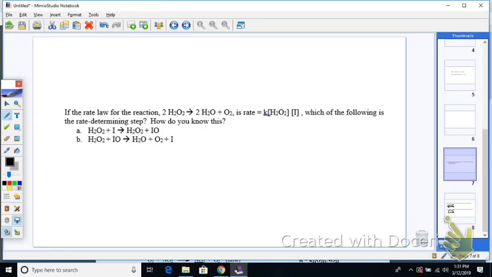I want you to tell me, is A the rate determining step, or is B the rate determining step? And then also prove if these elementary steps match up with your rate law. So go ahead and determine which one's your rate determining step, and then if the overall reaction works out right or not.